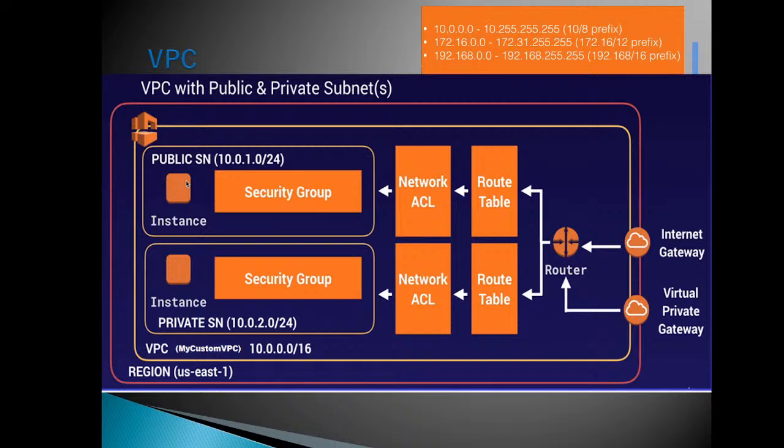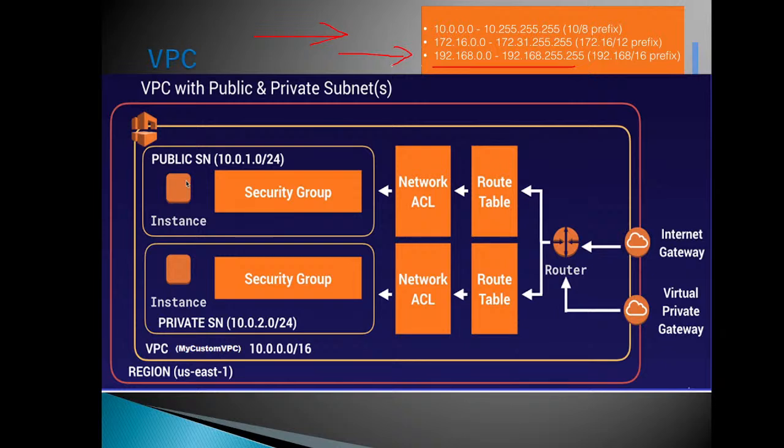Next, we have talked about IPv4. IPv4 has so many IP ranges available on the internet, but these are the few IP ranges which Amazon provides you. From these IP ranges, you can create your network. 10.0.0.0 to 10.255.255.255 is one IP range. You can select any IP range in your VPC.